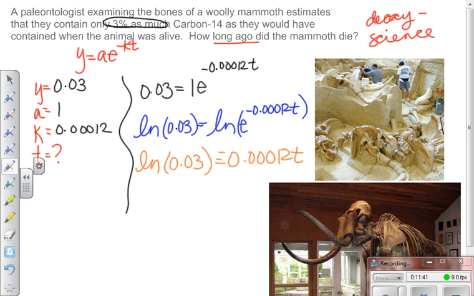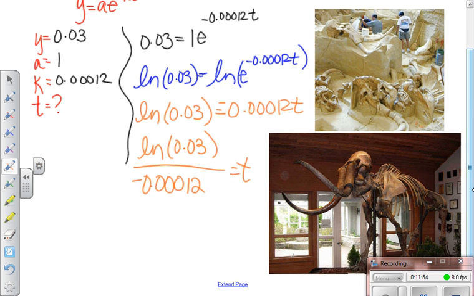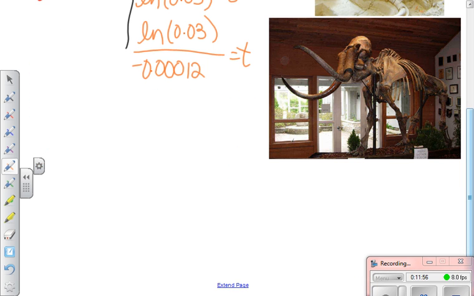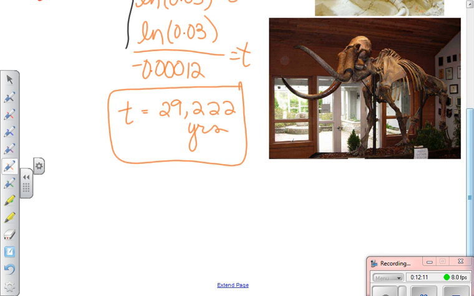If I divide both sides by that constant k, I will get the time, and as you would expect when you divide by a little decimal like that, as I would expect in the context of the problem, that woolly mammoth died over 29,000 years ago. And so that is an estimate of how long ago that critter died.